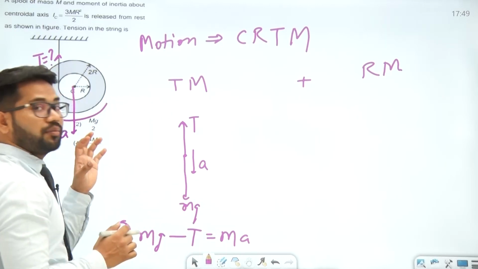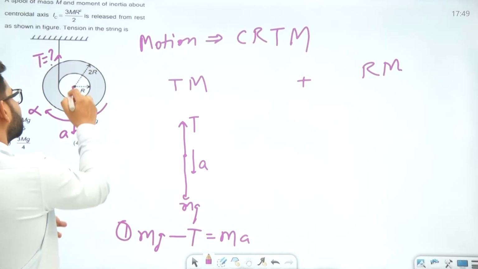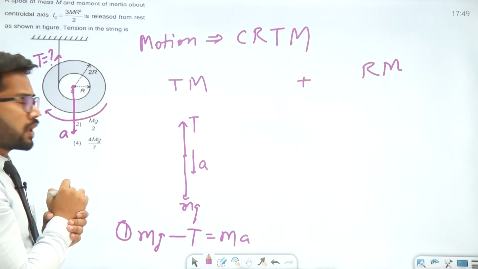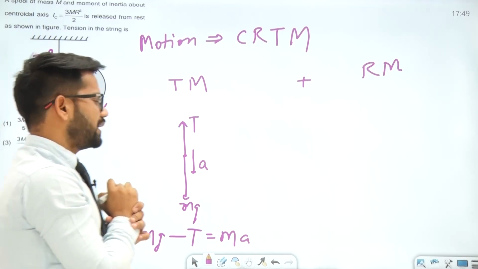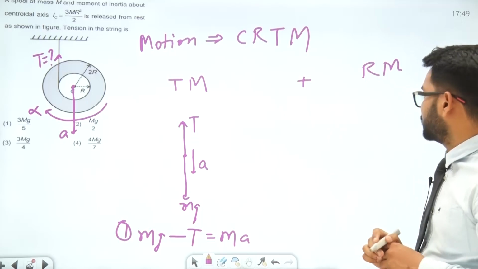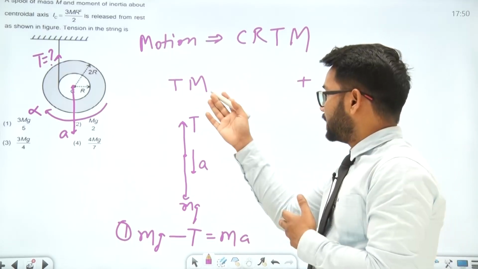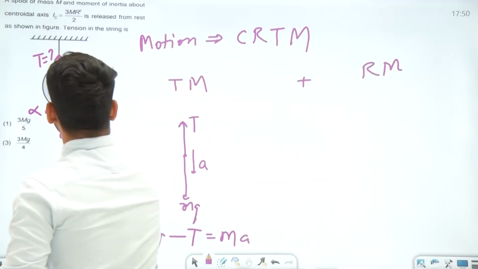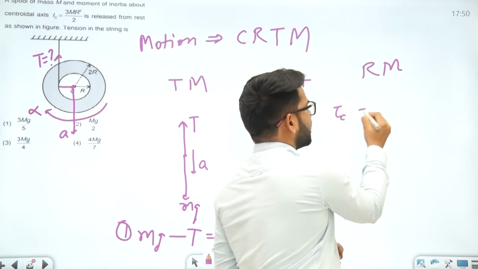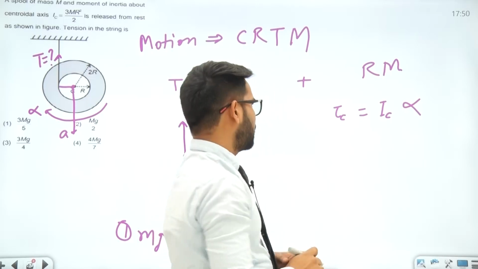So rotational motion, rotation about center of mass. Let's see about center, this C. So how many forces acting on it? mg, torque of mg about C is 0. Torque of tension T will be TR. So we can write the torque equation about C, tau C equals IC into alpha, right?